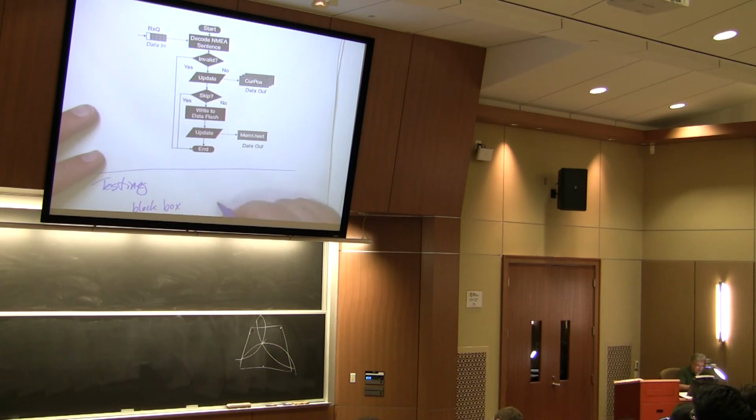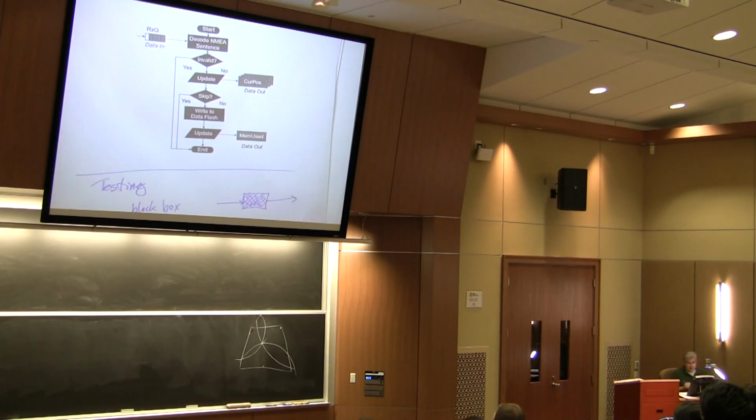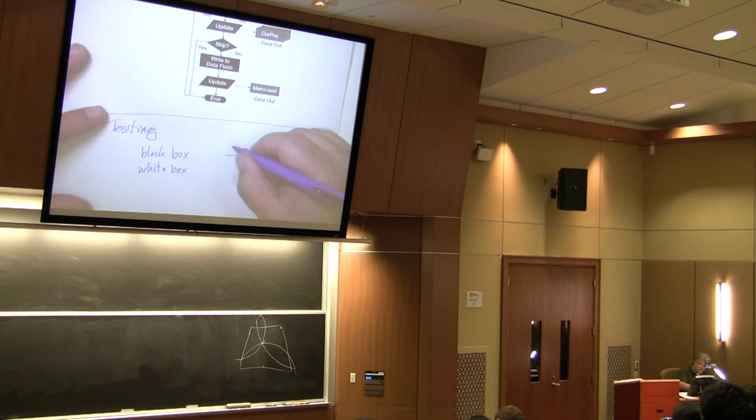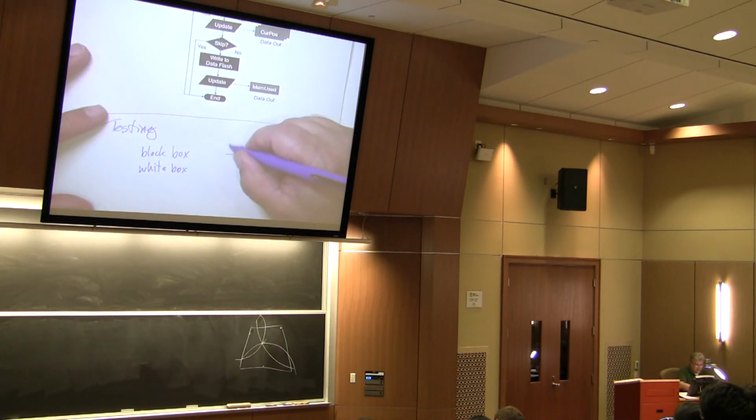As you can imagine, with black box, this is your device under test. And the problem is you have no idea what's going on inside. So the only way to test a black box system is to give it a set of input. And then for the output, you should know what is expected.